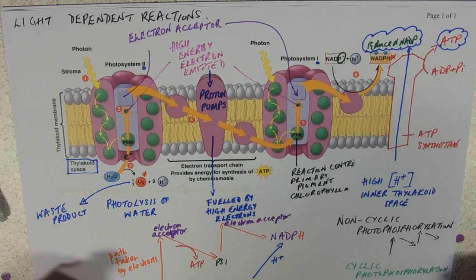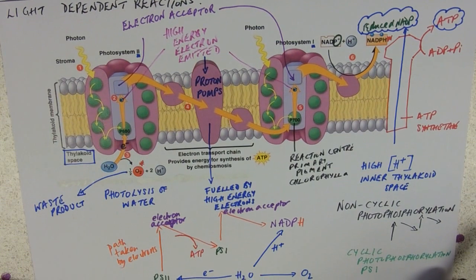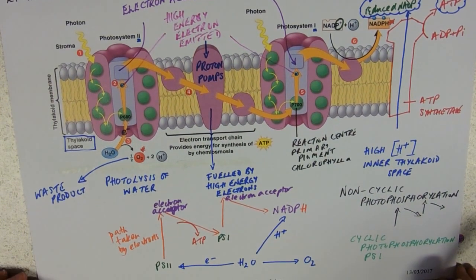That's where the electron goes round in a circle. So cyclic photophosphorylation only involves photosystem I. And we have been speculating in the office as to whether they discovered cyclic first. So I'm just going to move that up. Oh no, you can see it.